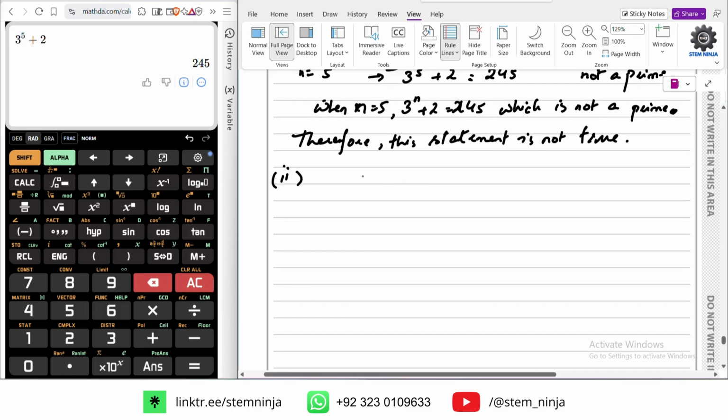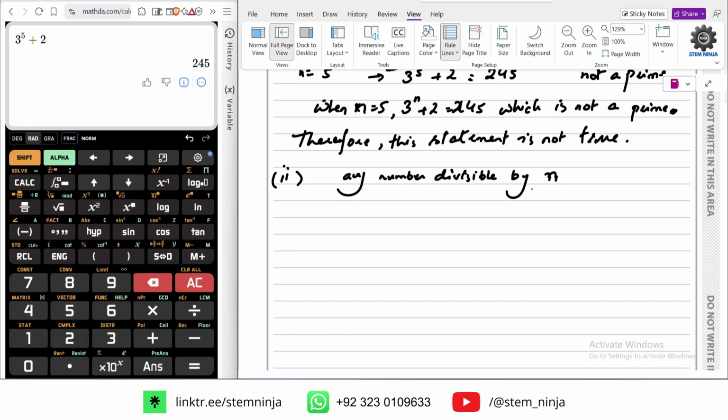So for example, any number divisible by n would be a multiple of n, right?